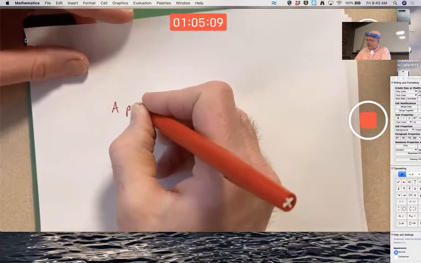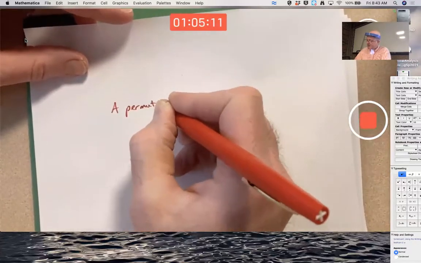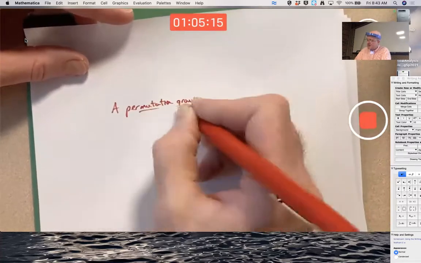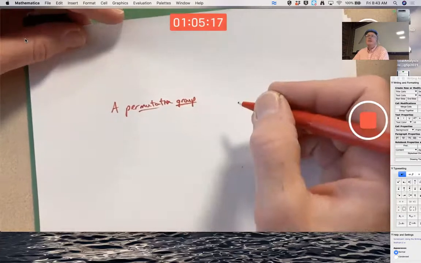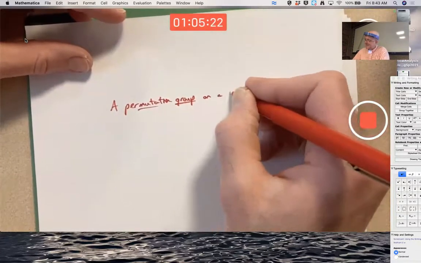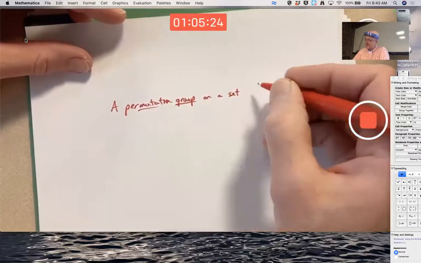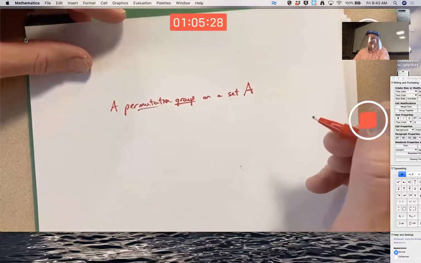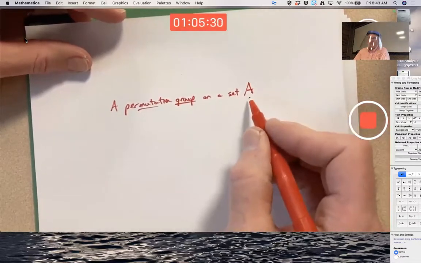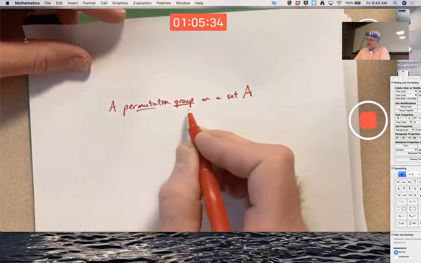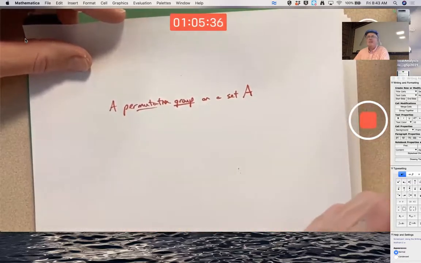A permutation group on a set, I think the book calls the set capital A.